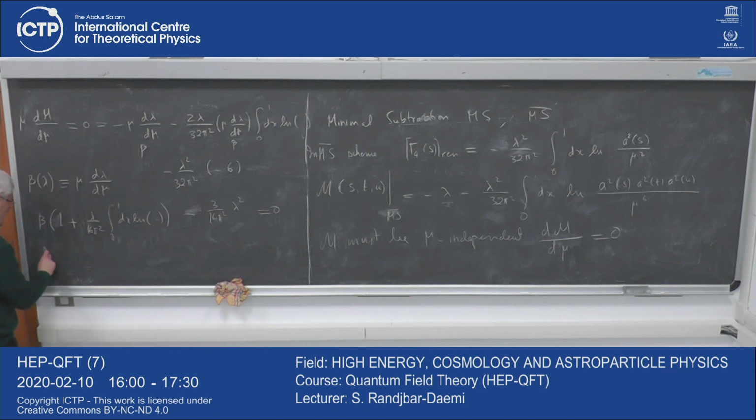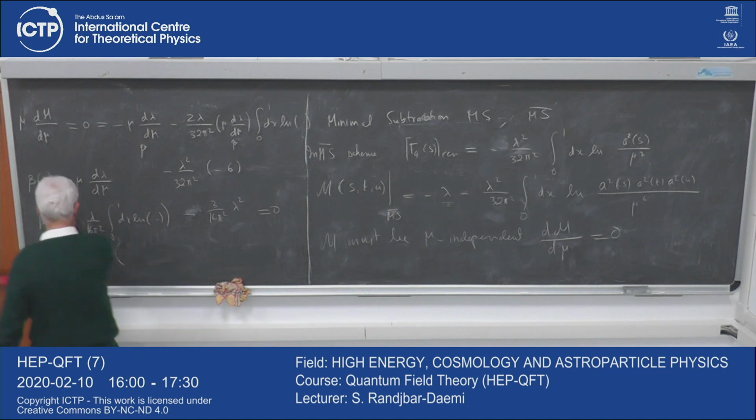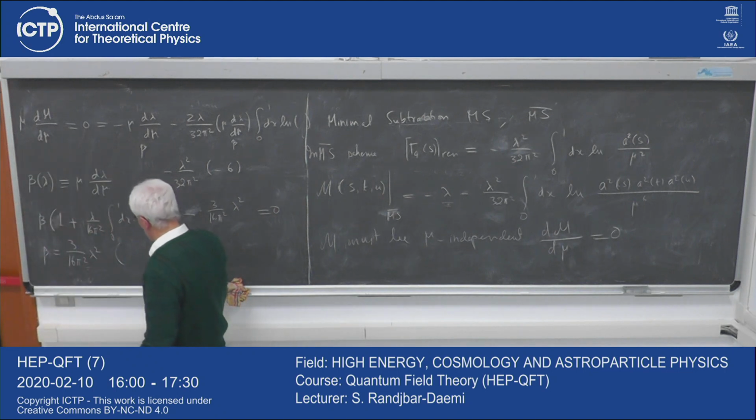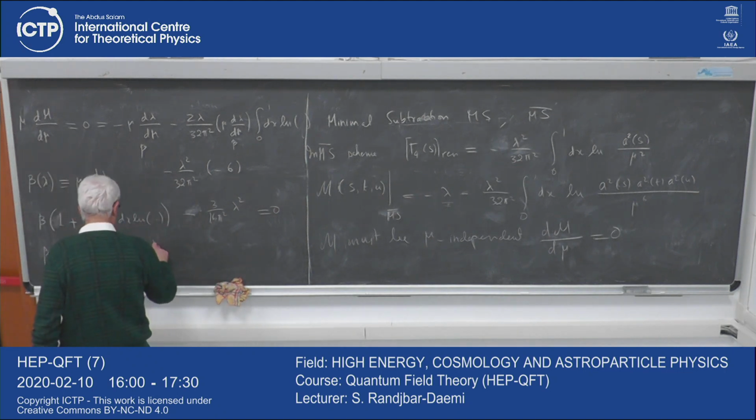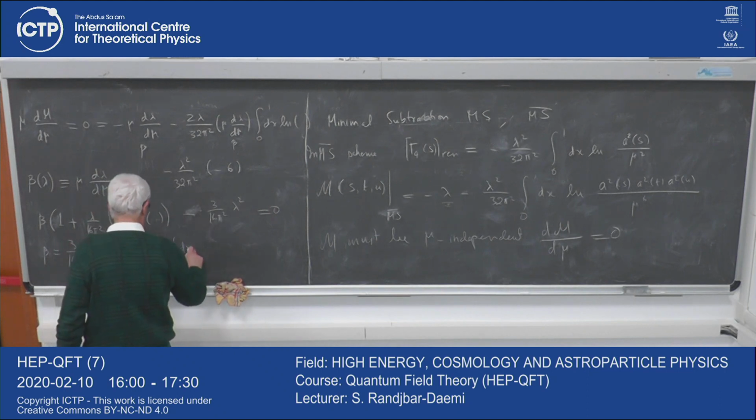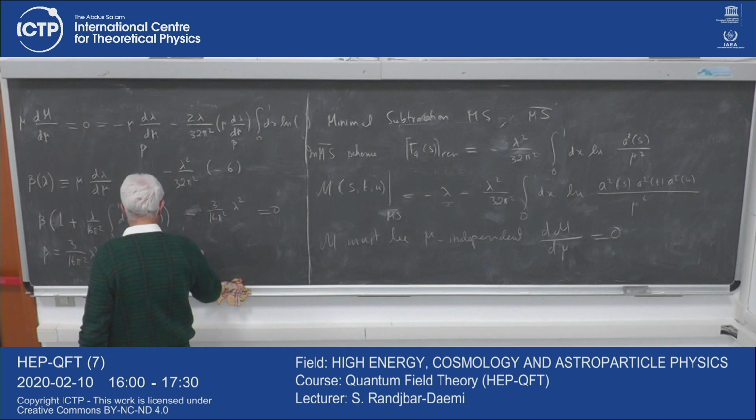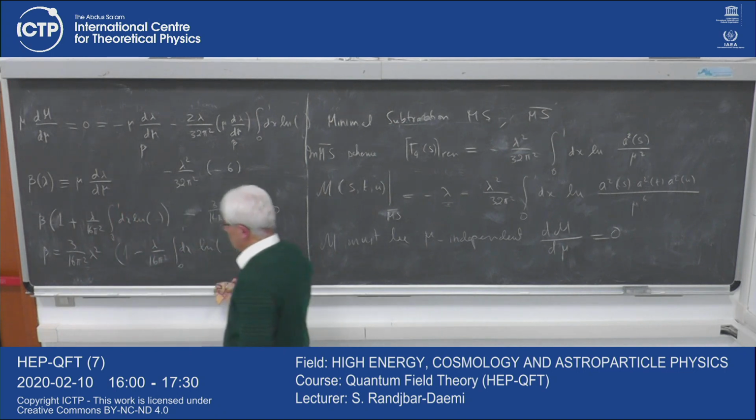So beta should be equal to, taking that to the other side, 3 over 16 pi squared lambda squared times this bracket to the power minus 1, which is 1 minus lambda divided by 16 pi squared times the integral dx of log, etc. Plus other terms.